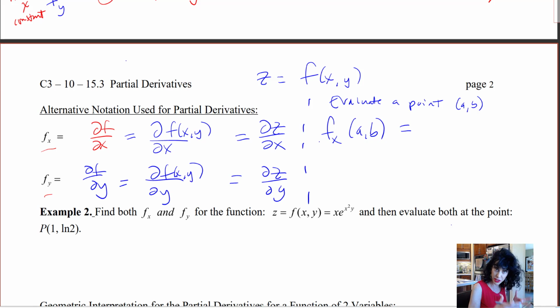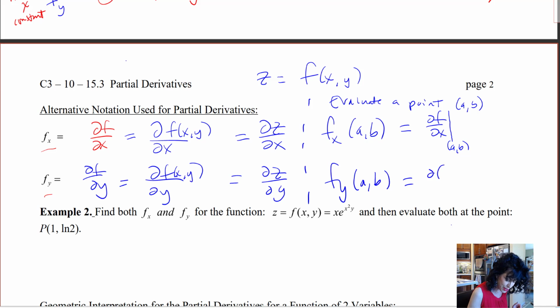That's one way to do it. They'll just say a, b instead of x, y. Another way, using this differential notation, they'll put df dx with a vertical line, and right at the bottom of the vertical line, they'll put down the point that they want you to plug in. Similarly for the partial derivative with respect to y, you'll see similar notation.